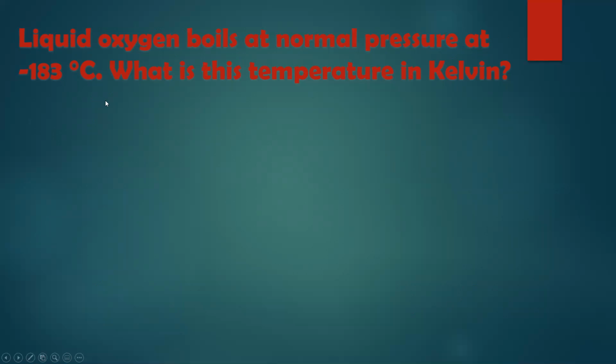You know that K equals Celsius plus 273. The Celsius is negative 183, plus 273. The answer is 90. 90 what? 90 K. This is the unit, which is the Kelvin unit of temperature.